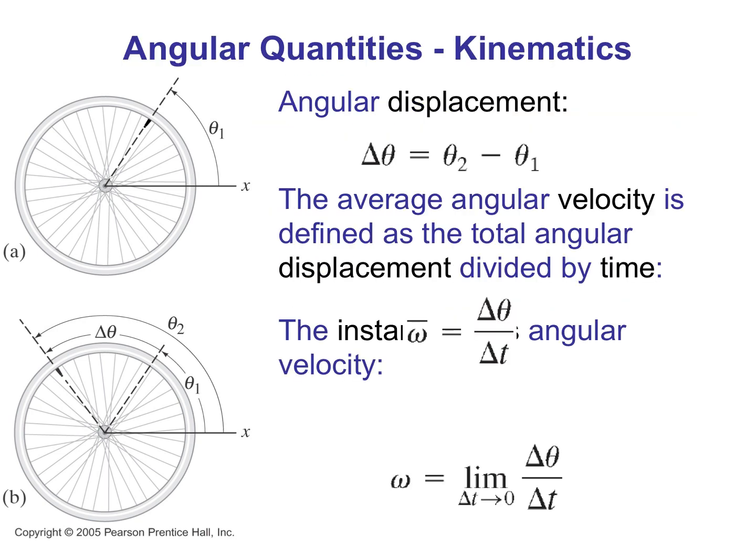So how do I define angular displacement? Remember, how did we define any displacement in kinematics? We said final position minus initial position. So here, the angular displacement will be the final angle that the object travels minus the position at the beginning.